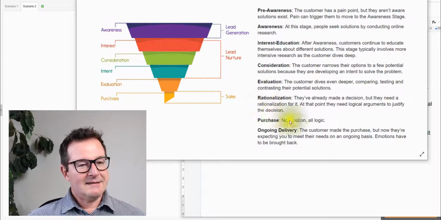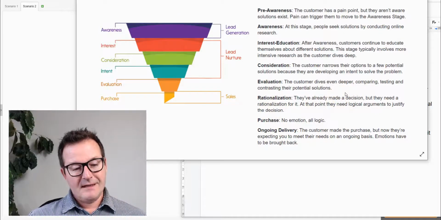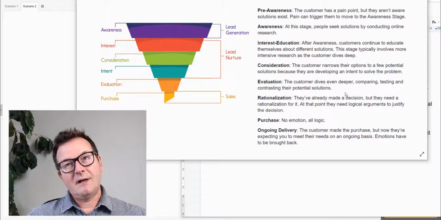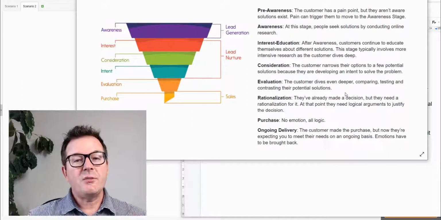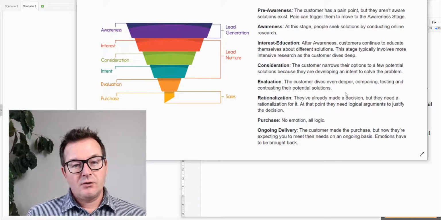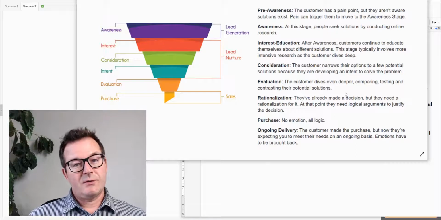So that's the thing. Before, we called it a sales funnel. Now these days it's more like a customer journey or a customer cycle, a buying cycle. But I like the idea of customer journey because what you do within the funnel these days is to help them have a better user experience.